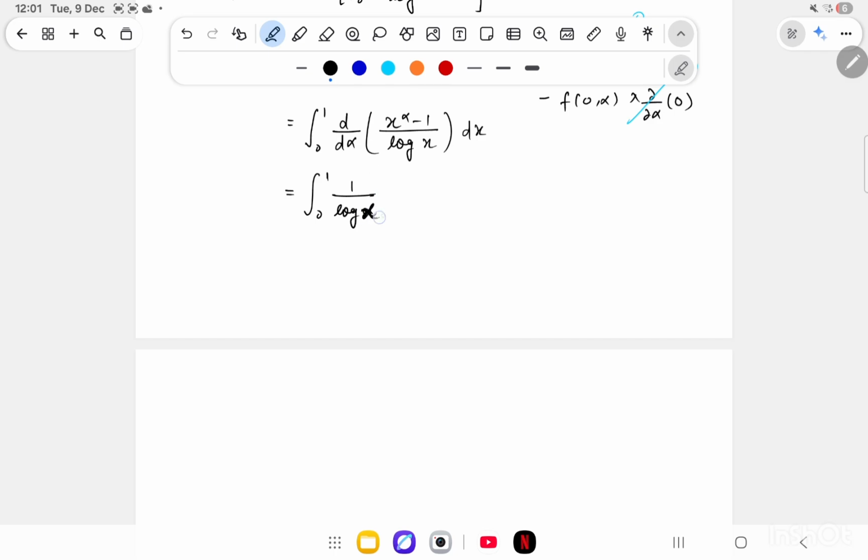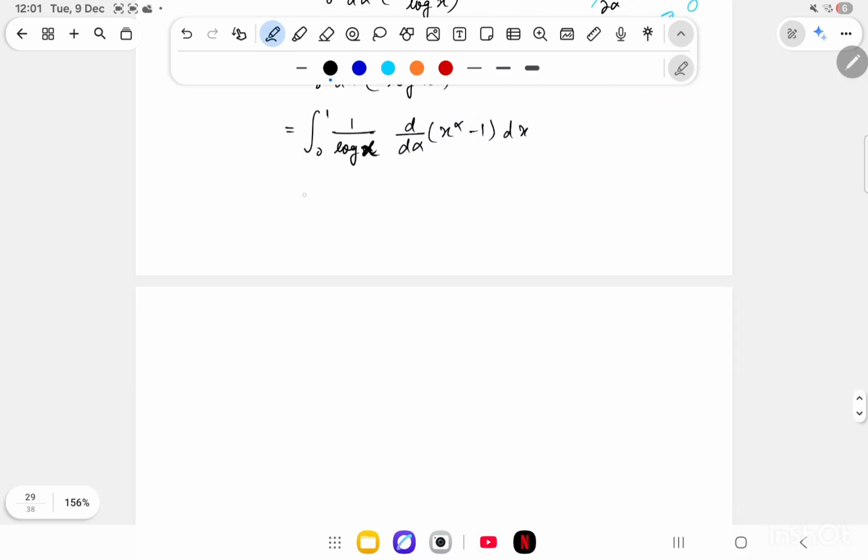So it will be 1 by log x and d by d alpha of (x^alpha - 1) dx, and it simplifies to the integral from 0 to 1 of 1 by log x, and the differentiation of x^alpha with respect to alpha will be x^alpha times log x, and the differentiation of 1 will be 0. So we have dx here.